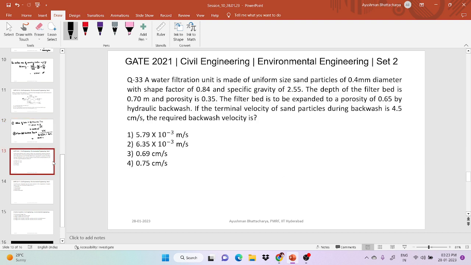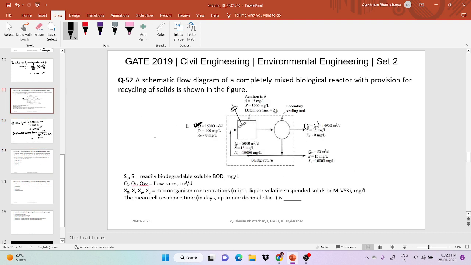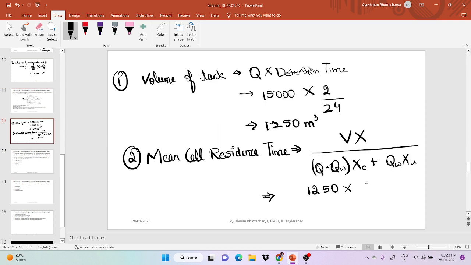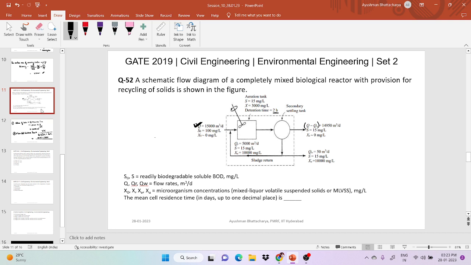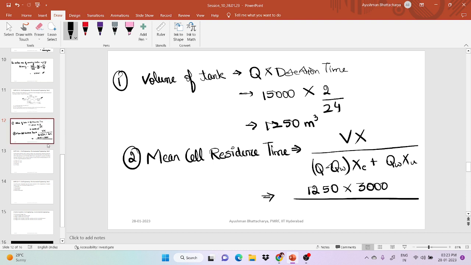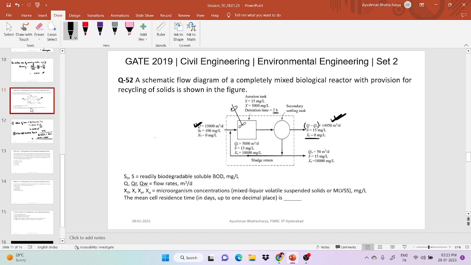So MLSS concentration is 3000 milligram per liter, divided by Q minus QW. They have given this value. But see, X, the MLSS concentration in the effluent, is 0. So Q minus QW into XE will come out to be 0, because the effluent mixed liquor volatile suspended solids concentration is 0.